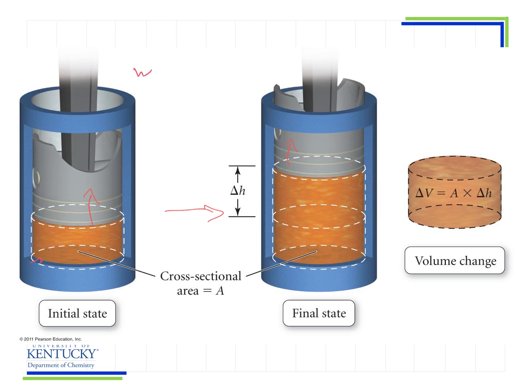So we had our equation, W is negative P delta V. So here we have expansion, right? So we have increase in volume. When we have increase in volume, what is the sign of delta V? So is it negative or positive? It's a positive delta V, right?